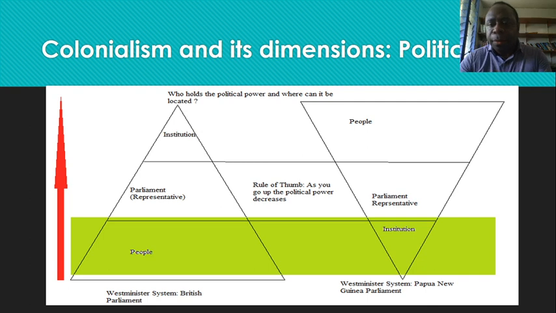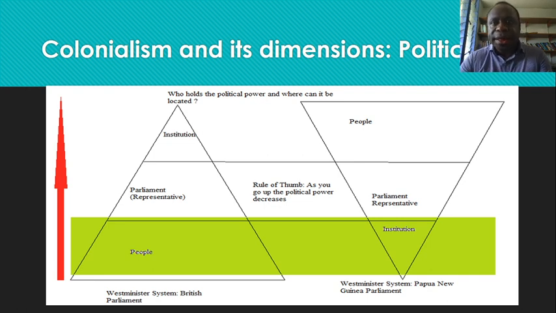And in our case in Papua New Guinea, the political power lies with the institutions, because institutions created the legislature, which passed laws, and the notion of state was introduced later to the people. So as you go up, you can see that in our case, political power lies with the institution.